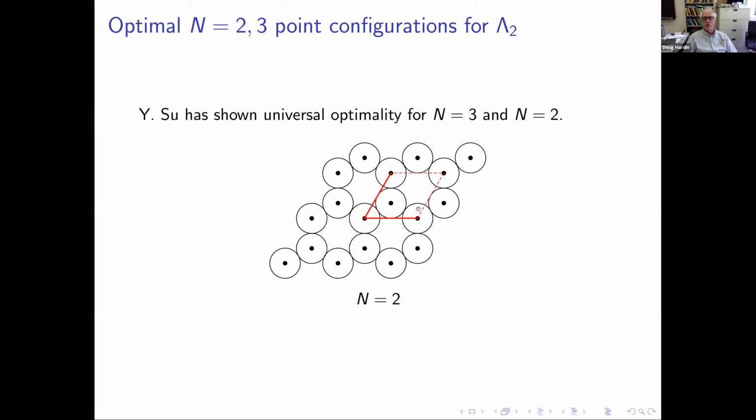And the honeycomb structure is the optimal 2-point configuration. In other words, you can either put a point here, or you could equivalently have put a point here and remove this one. So you remove one of the 3, and this is the universally optimal 2-point configuration. With Nate Tenpass, a current graduate student, we're working on analogous results, but for larger n.